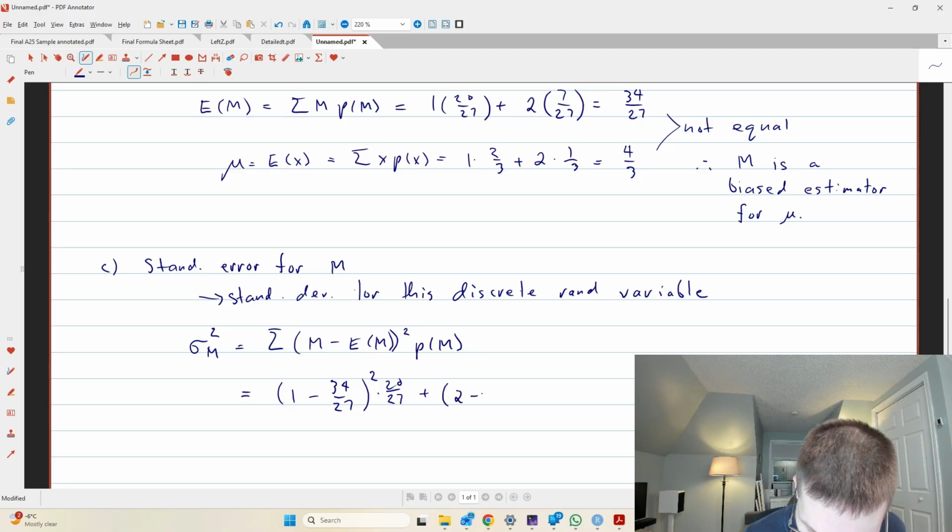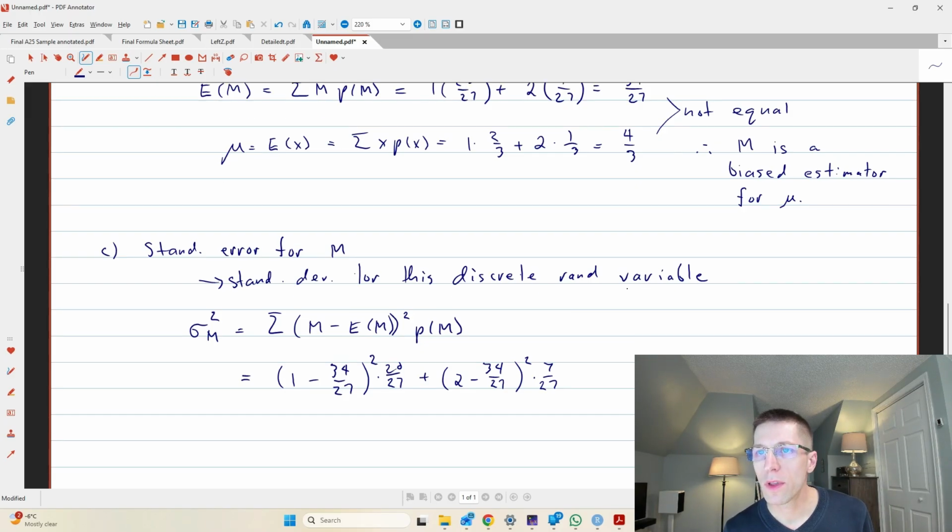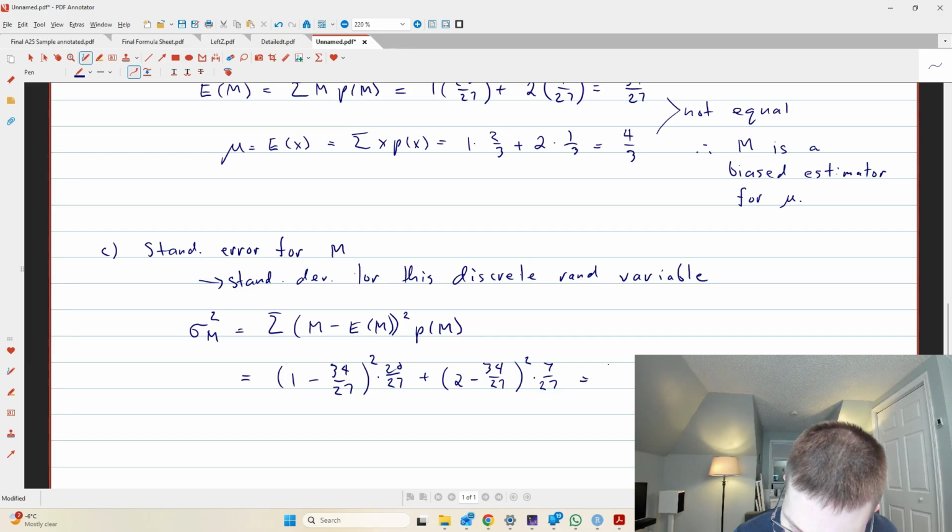And then we've got 2 minus 34 over 27 squared times p of 2 is 7 over 27. And that all works out to, what do we have? If you do some simplifying, or if you just plug that in your calculator, that should work out to 140 over 729.